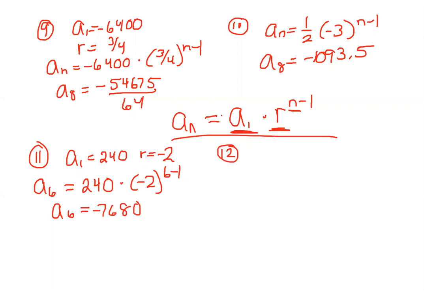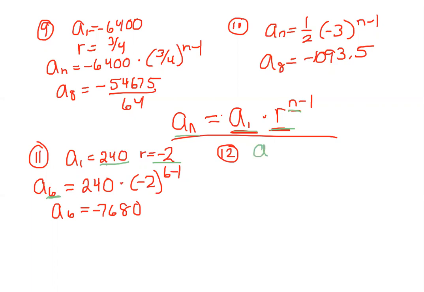Okay, it's just like the other one. We have 1, 2, 3, 4 unknowns. And in this case, they gave us 1, 2, 3. So we found the fourth one. Number 12.